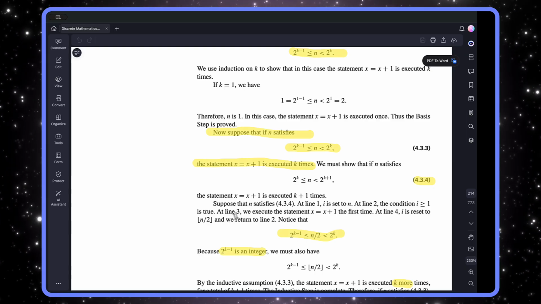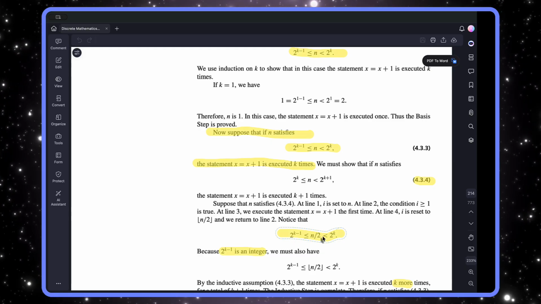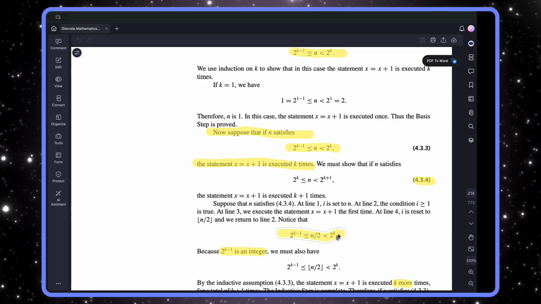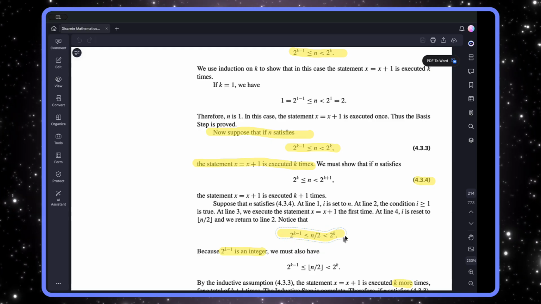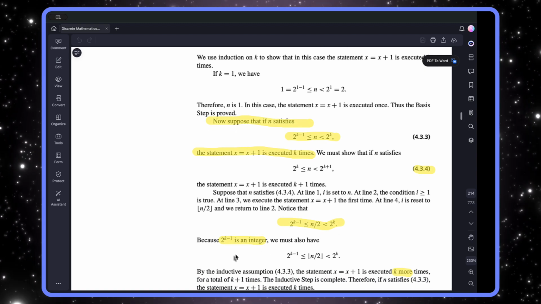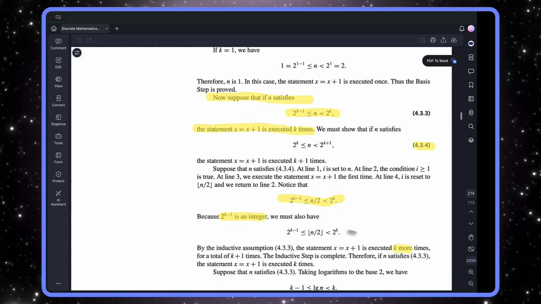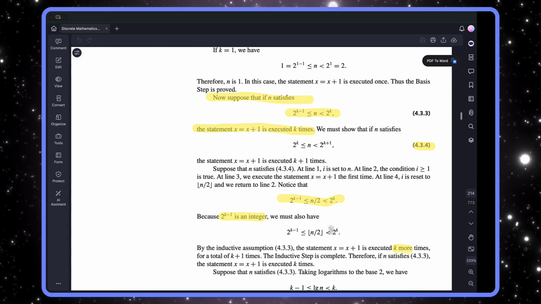Notice that when you do that, 2 to the k minus 1 is less than or equal to n over 2, right? n divided by 2 is less than 2 to the k. Well, that's because 2 to the k minus 1 is an integer, right? So we must also have that this is true.